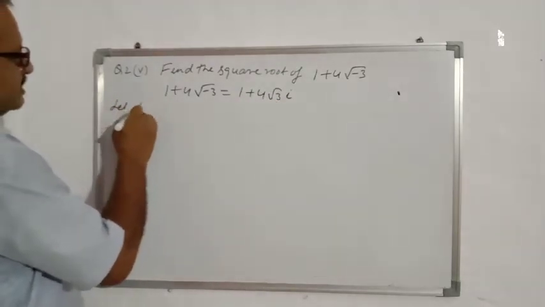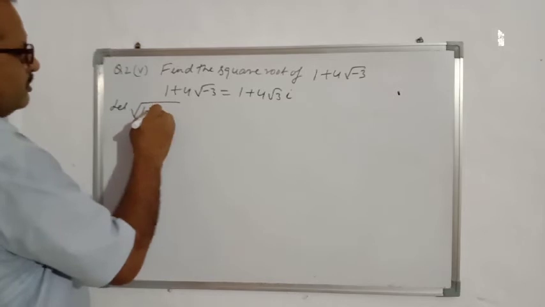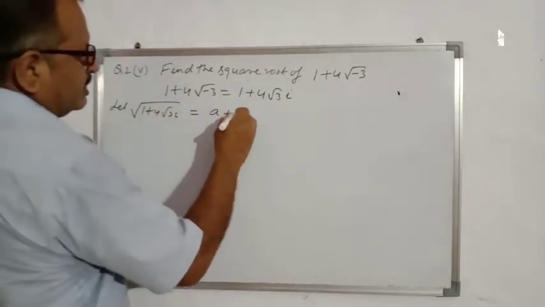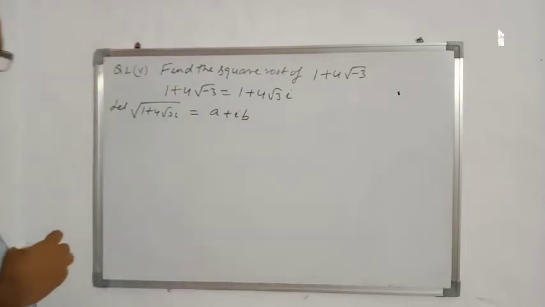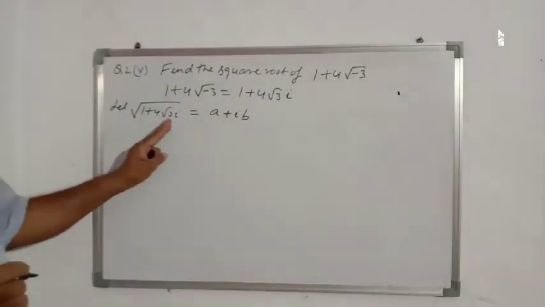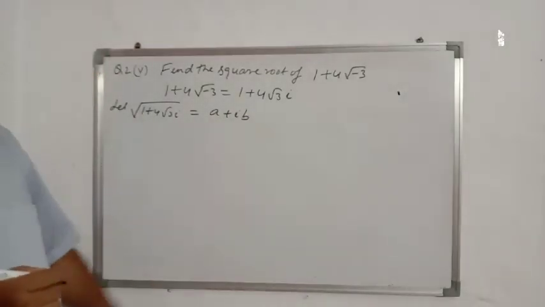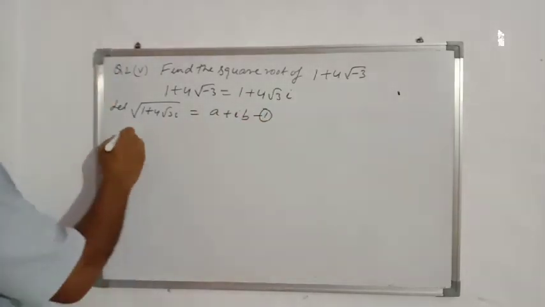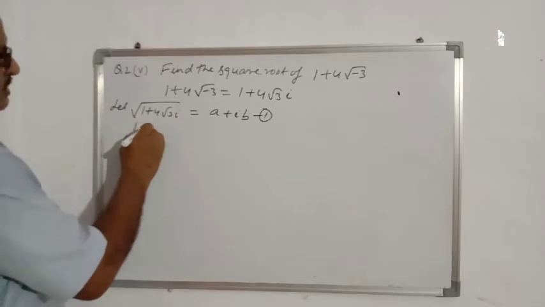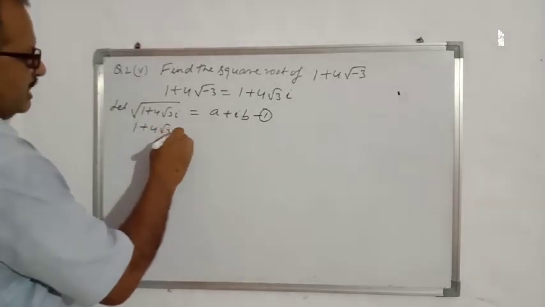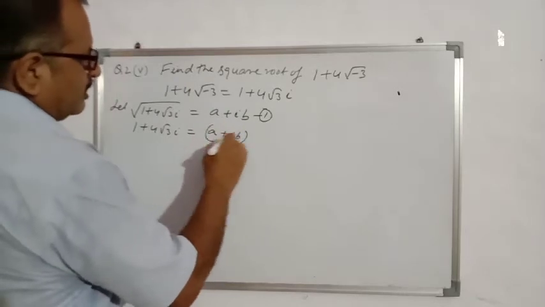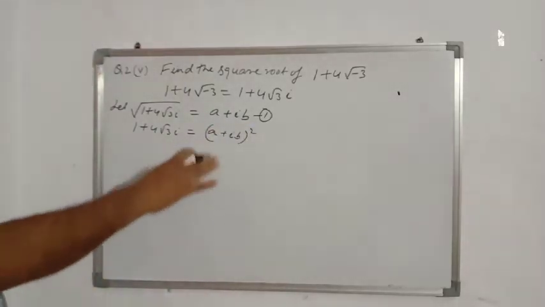Let the square root of 1 plus 4 root 3 i be equal to a plus ib. Squaring on both sides, 1 plus 4 root 3 i will be (a plus ib) whole square.